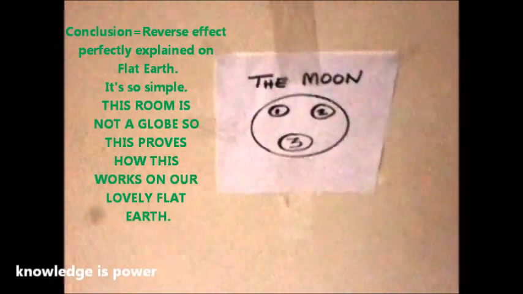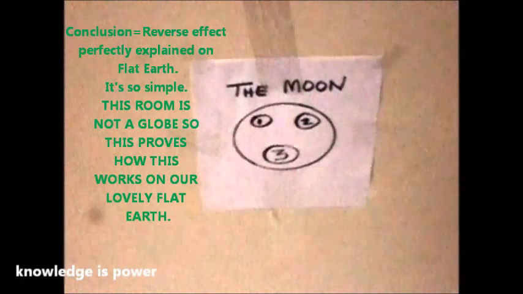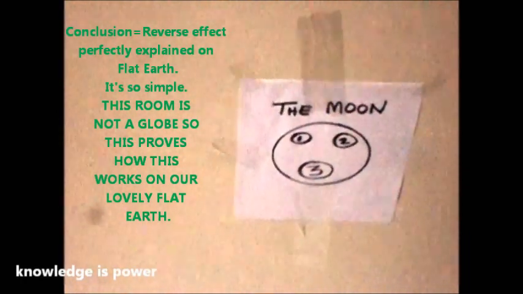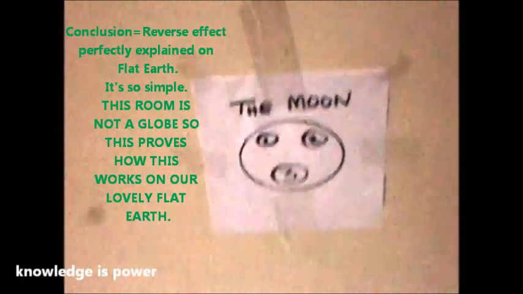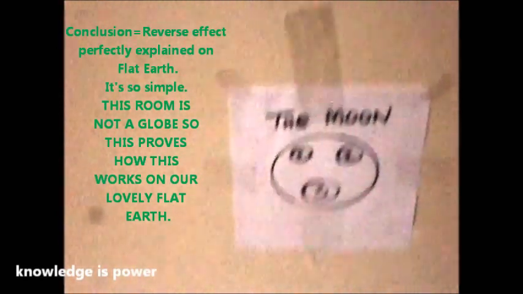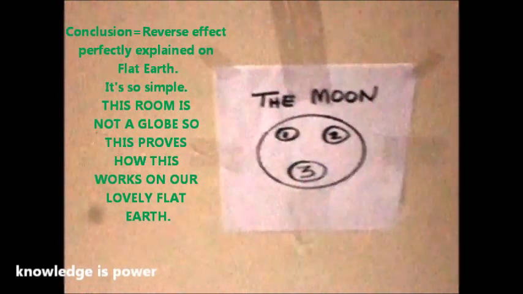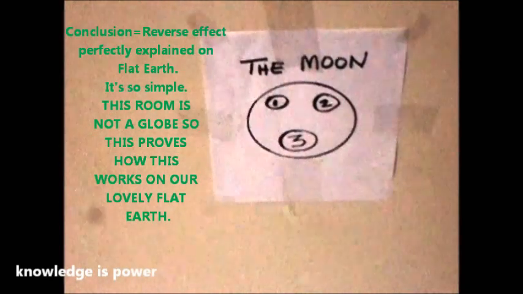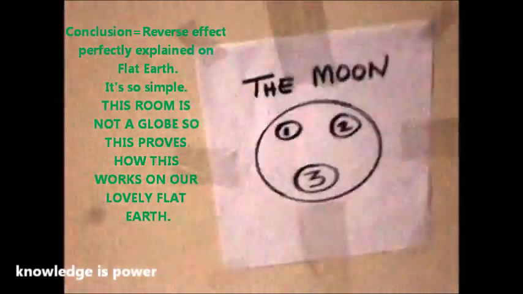But before we move to that, let's just look at this some more, because this is simple. This is what we see in our reality. The people in the northern hemisphere say, hey, we see this part, on our part of the quote-unquote globe, and the people in the southern hemisphere over here are like, hey, we're looking at the bottom of the moon from the southern hemisphere. No, that's not the way it works.